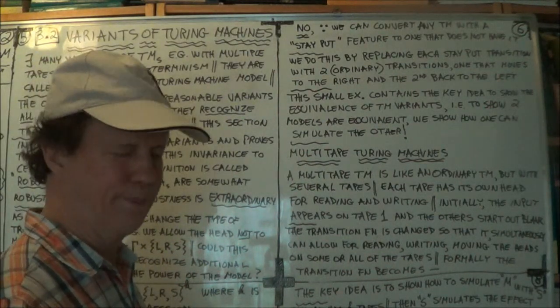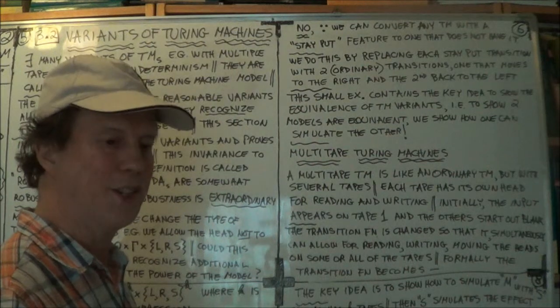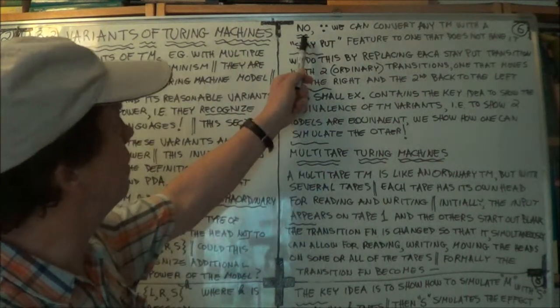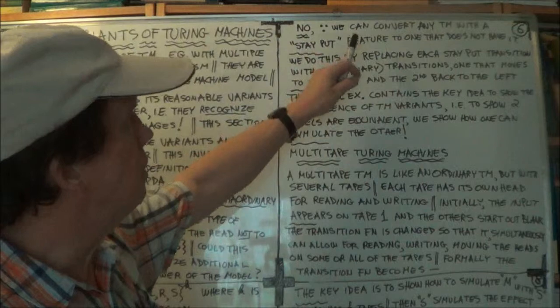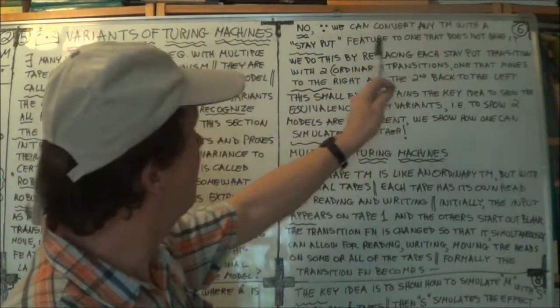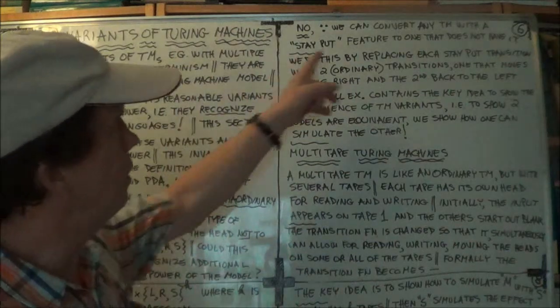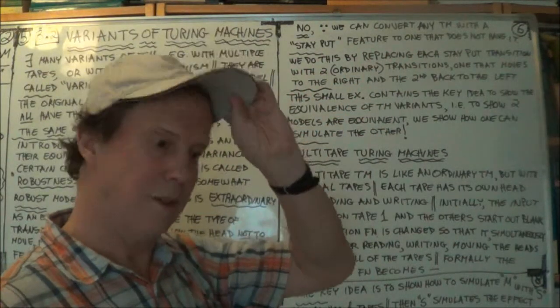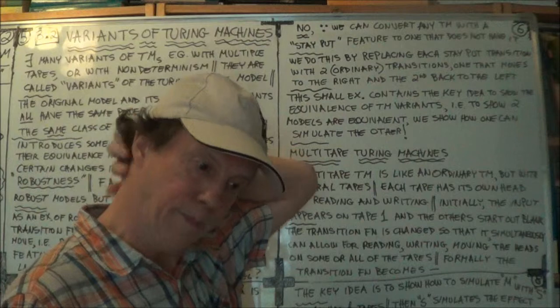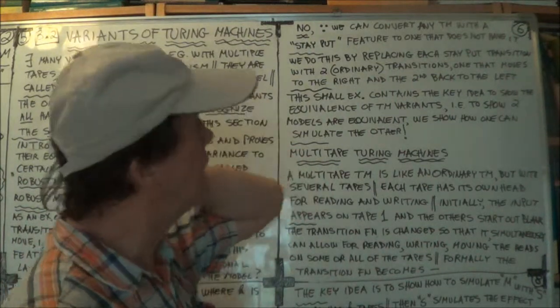Can it recognize a larger class of languages? The answer is no. Okay. Why? Well, because we can convert this variant with this S here into a conventional Turing machine.